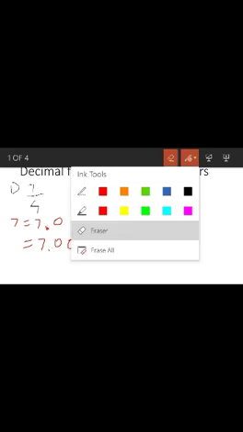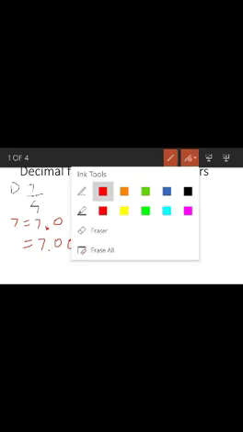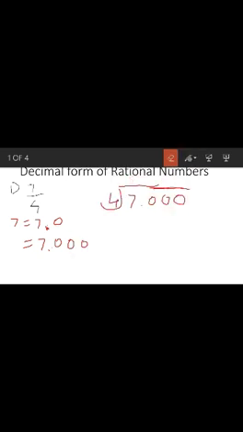See here, now I'm going to do the division. 7.000 divided by 4. 4 ones are 4, 7 minus 4, 3.